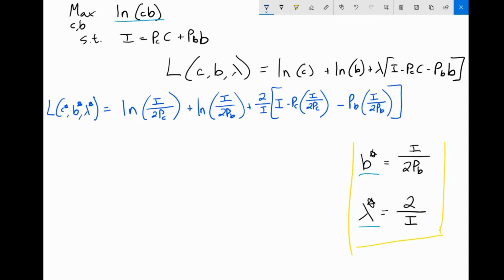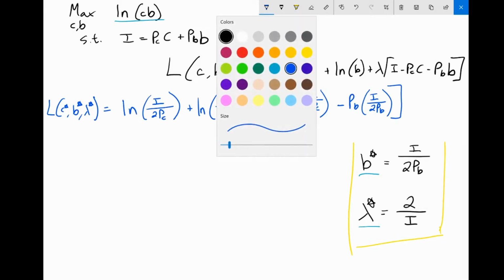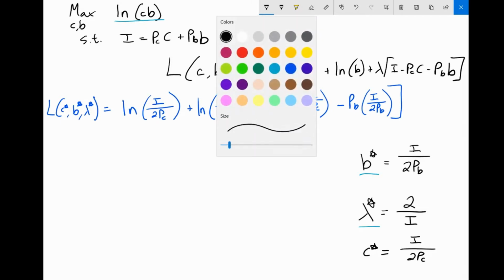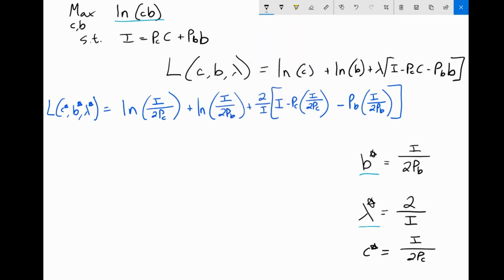Okay, so all I've done is I plugged those optimal values into the function. I'm going to rewrite my c down here. So I've now plugged my optimal values in.